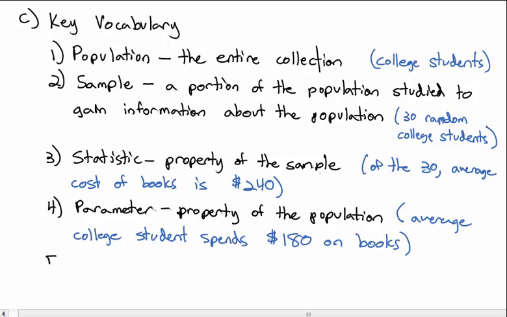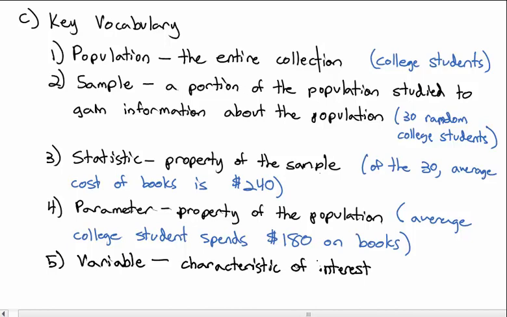One more vocab word, though, before we move on, and that is a variable. A variable means something very different in statistics than it means in normal algebra class. A variable is the characteristic of interest in our study.